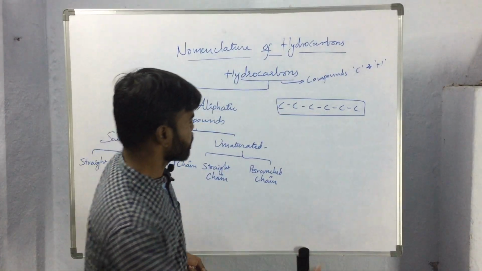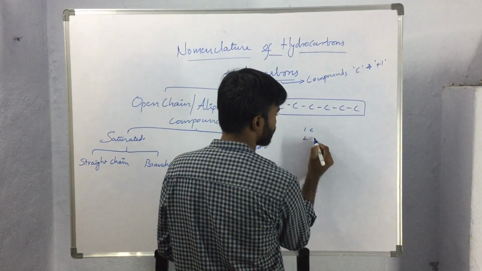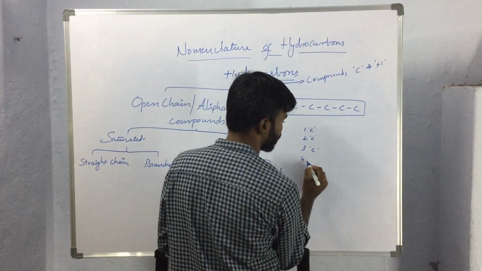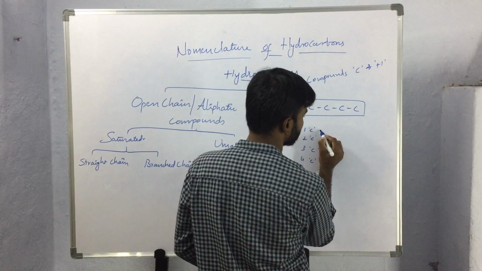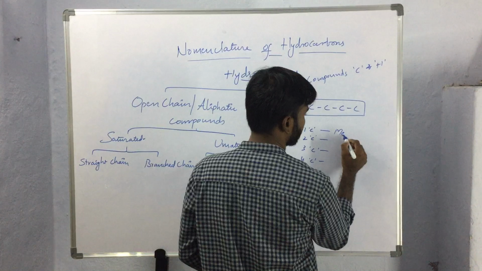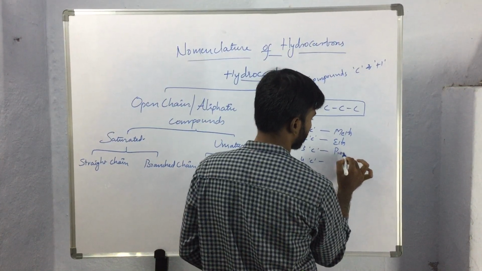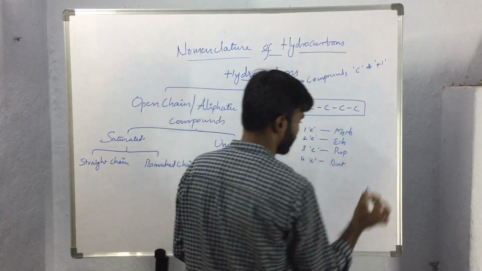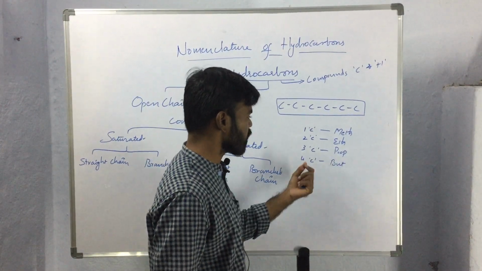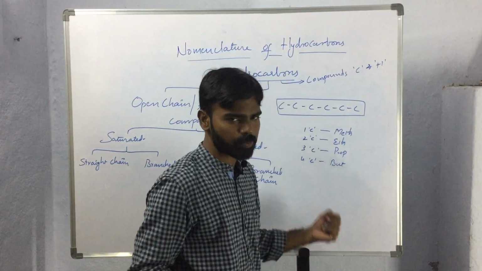We have seen that the compounds containing 1 carbon atom, 2 carbon atoms, 3 carbon atoms and 4 carbon atoms have standard names: meth, eth, prop and but. These are the standard prefixes for the hydrocarbons that contain 1 carbon atom, 2 carbon atoms, 3 carbon atoms and 4 carbon atoms respectively.